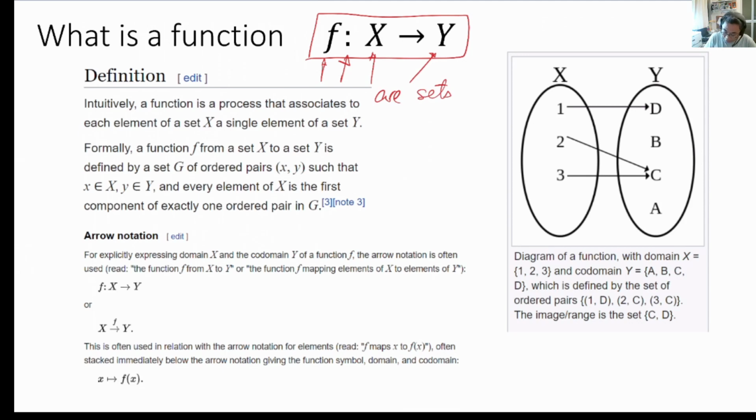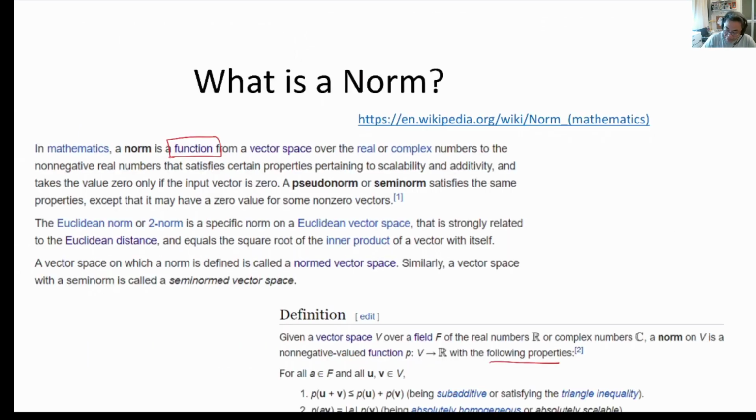Sometimes we use the words, the function f maps elements of X to elements of Y. And one of the rules of a function says every element of X must have exactly one element in Y. Now we go back to the first page.